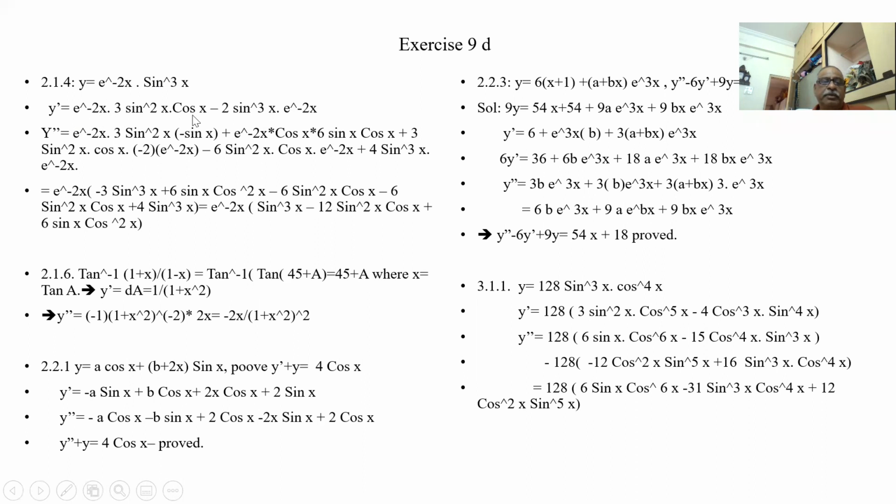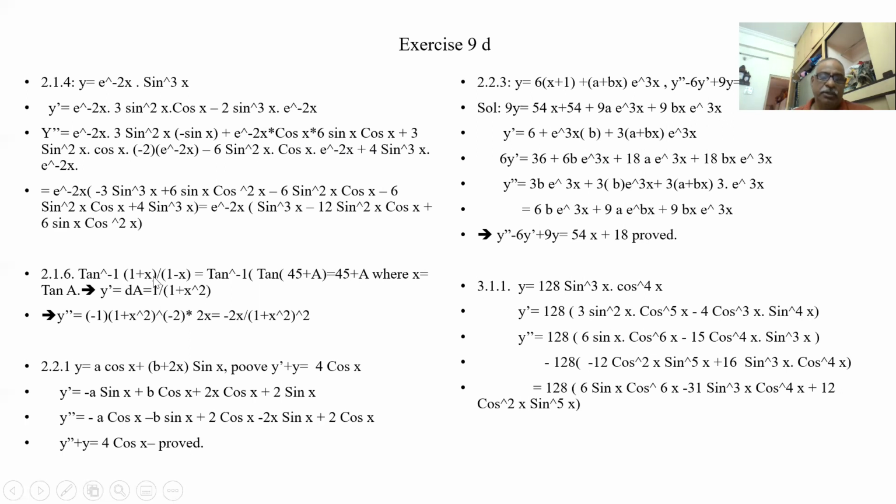This is 3, so e to the power minus 2x into 6 sin x into cos square x, or 3 sin square x into minus sin x, plus 6 sin x cos x, because 3 twos are 6, sin x into cos square x, cos x into cos x, cos square x, plus 3 sin square x cos x into e to the power minus 2x into minus 2. So it's simple UVZ differentiation. We have to arrange the terms.